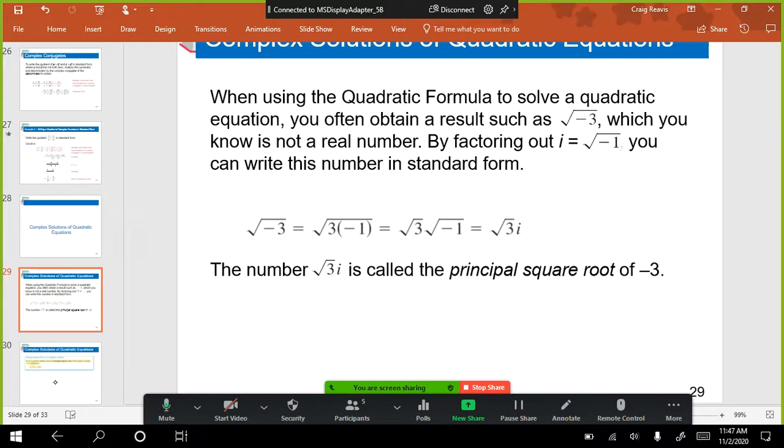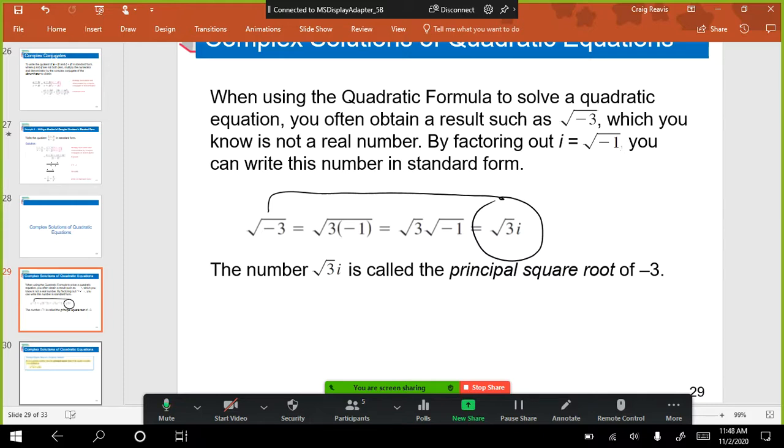We have to say that's the square root of 3 times -1, and we know the square root of -1 is the imaginary i. So this simplifies to the square root of 3 times i. Okay? We don't want to leave a negative inside the square root.